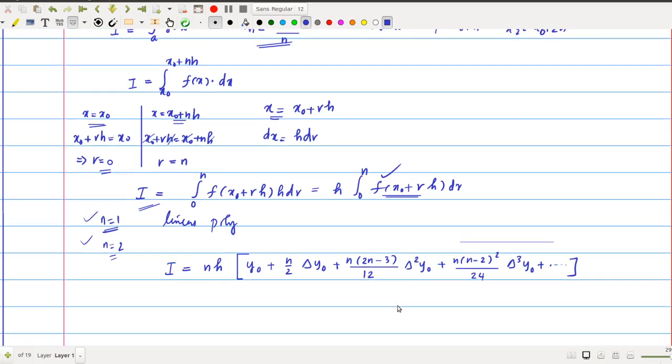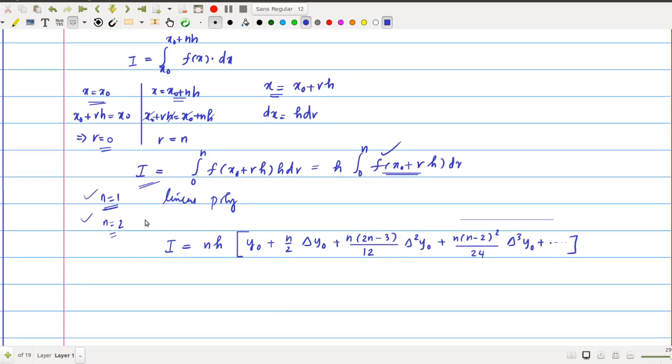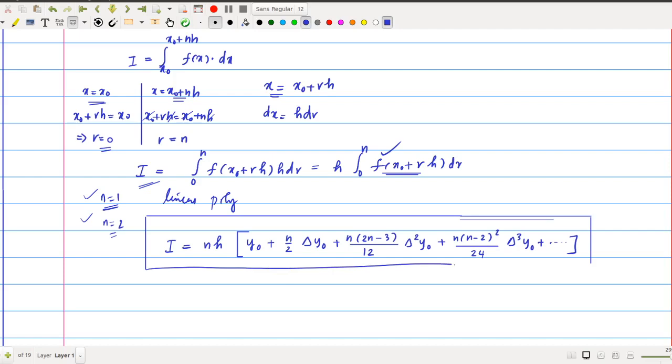Now this is the general formula for integration. If we are given some typical values of functions, these are called approximate values of the integral. These are not exact values.